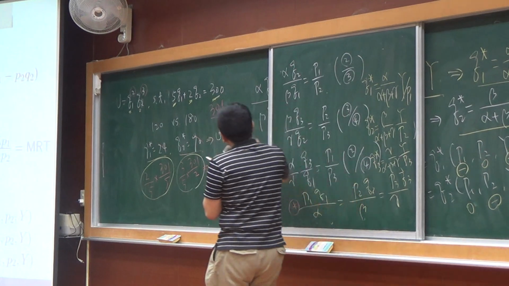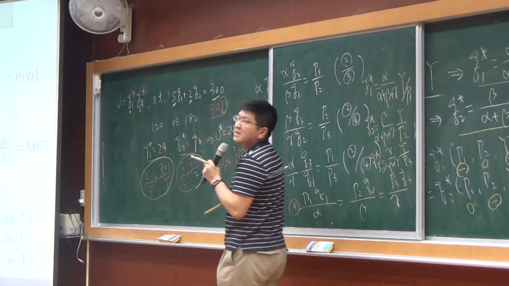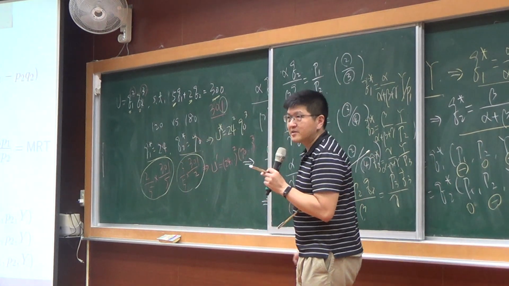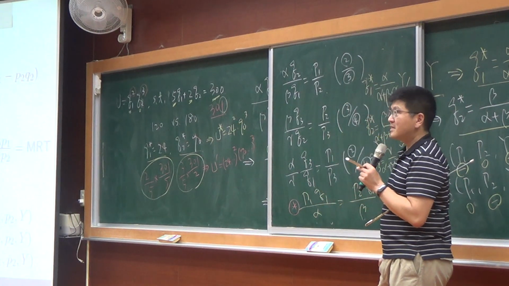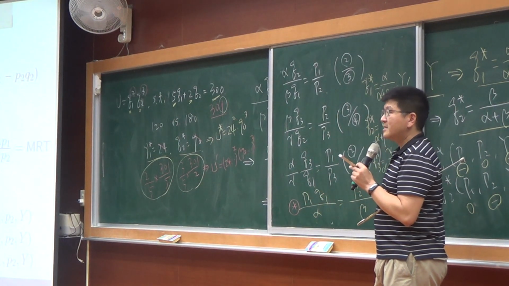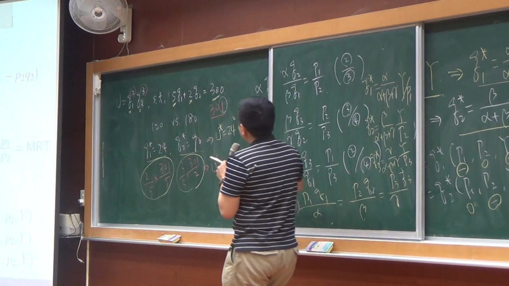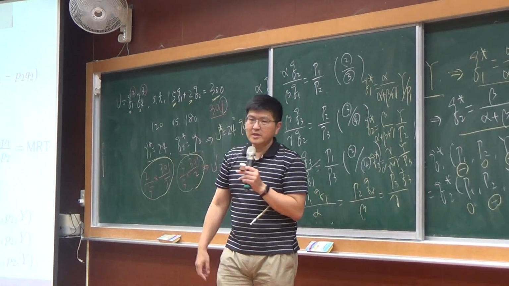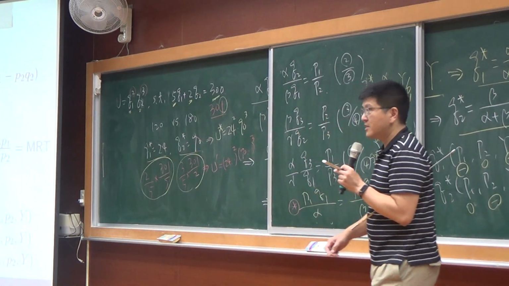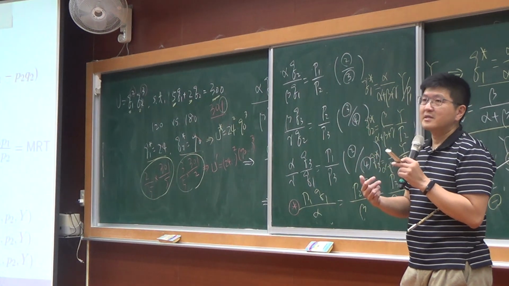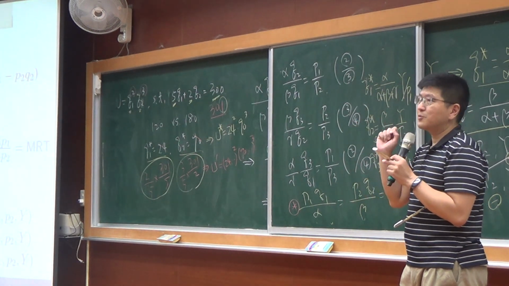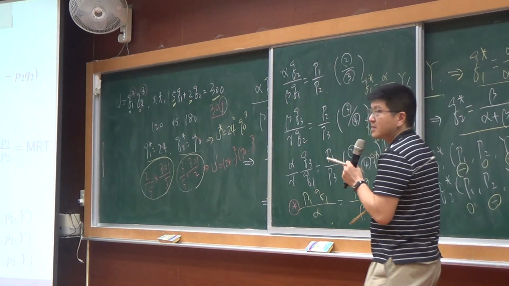So $1 more makes us happier. An extra unit of the resource can bring us a higher utility, which is the marginal utility. Okay?